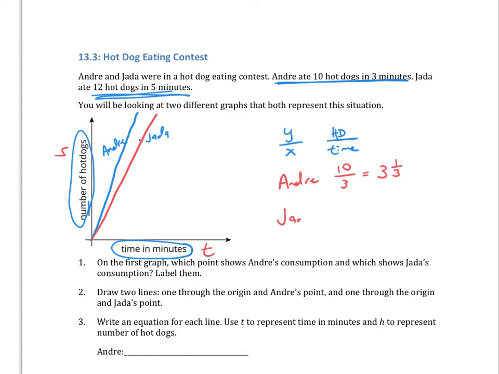Jada was 12 hot dogs in 5 minutes, so we're going to do 12 over 5, which equals 2.4. So you can use either the 2.4, or you can use 12/5, or you can use 2 2/5, up to you.